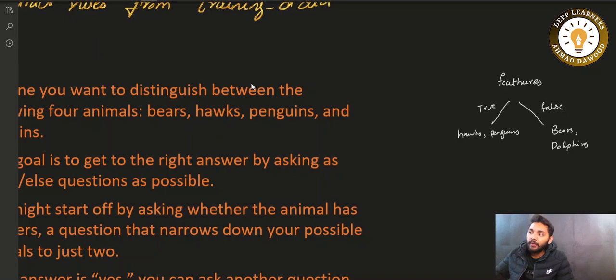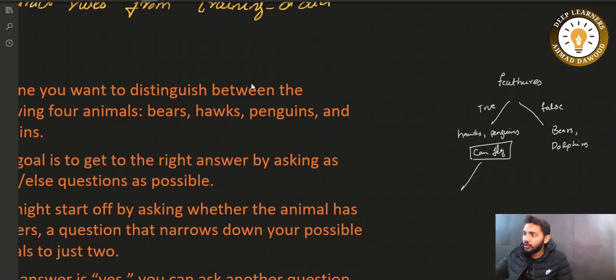Now again we have to ask a question, or draw a rule, that can distinguish between these two groups. Let's say here I can ask: what are the animals out of these two that can fly?